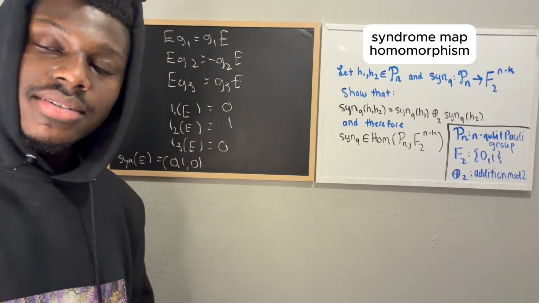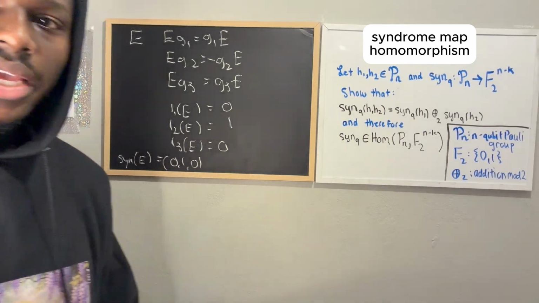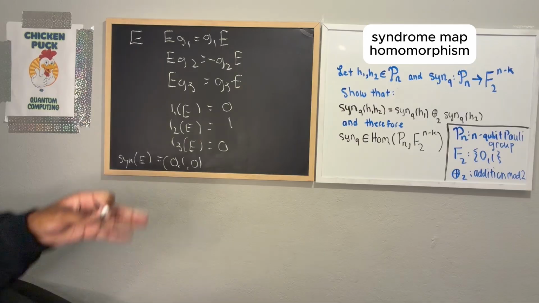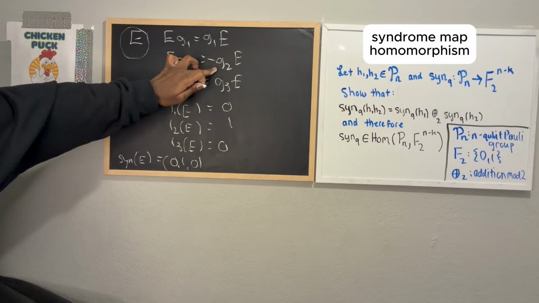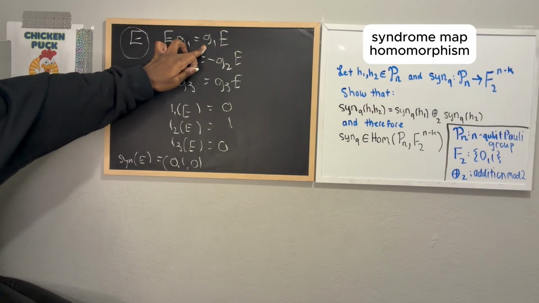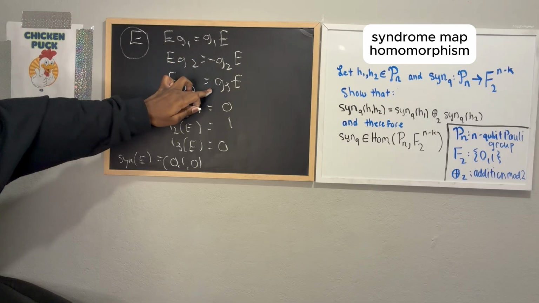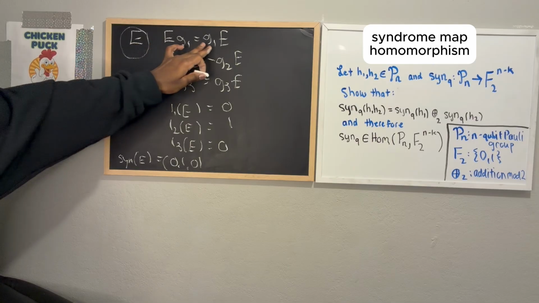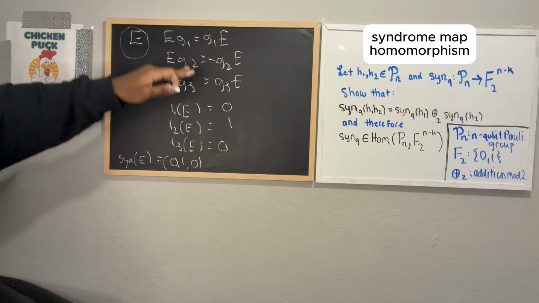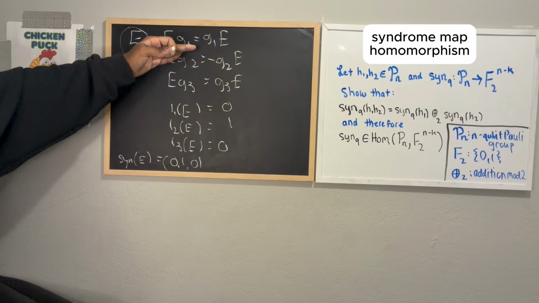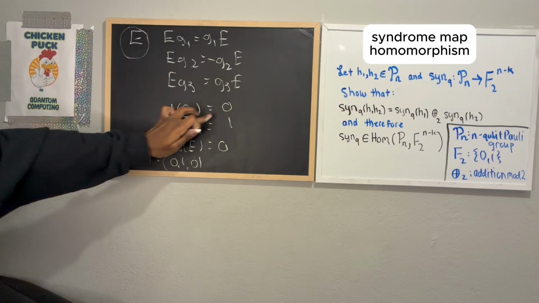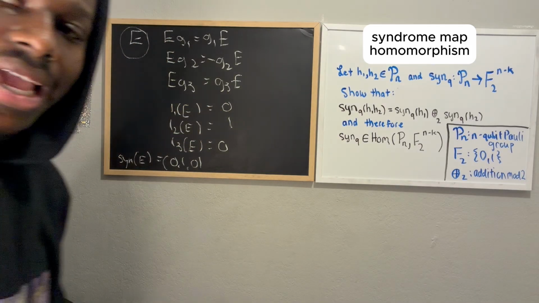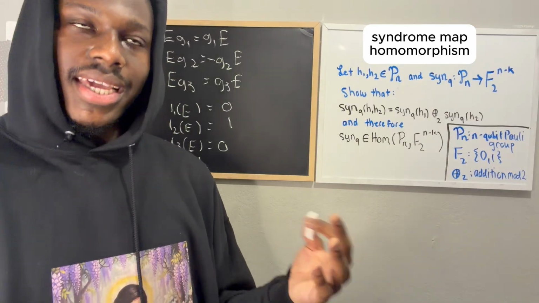So I put down an example to make sure that we're all on the same page. Let's say an error E occurs. We have 3 stabilizer generators here, g1, g2, and g3. We compare E to each generator. For the first one, they commute, so L of E is 0. If you remember, L is basically like a yes or no test.